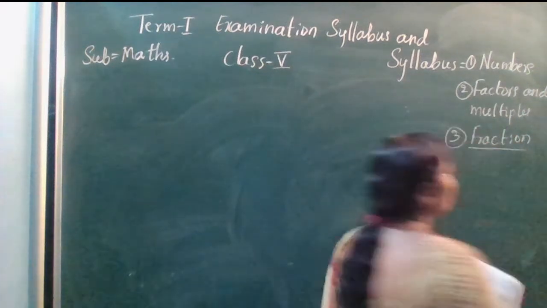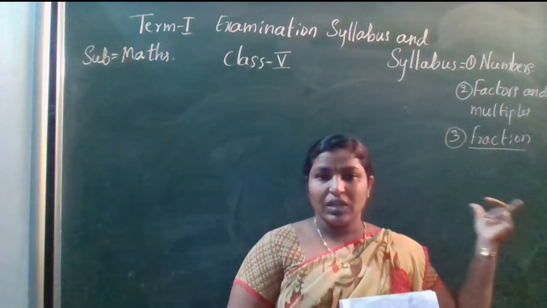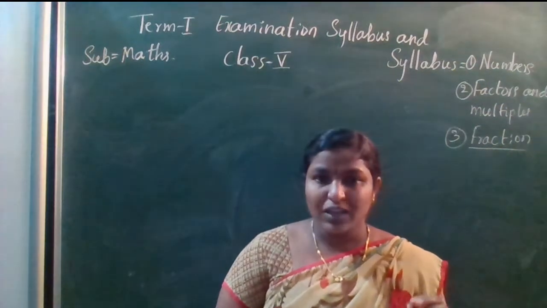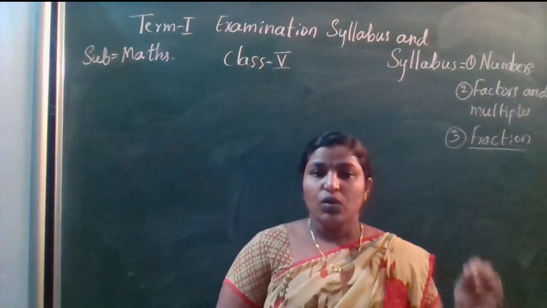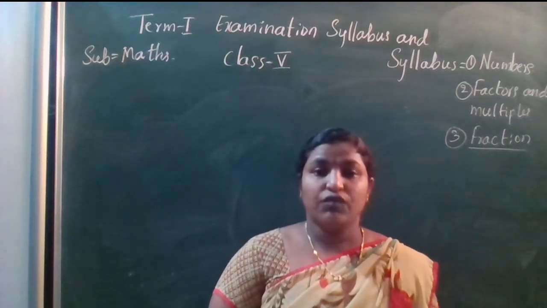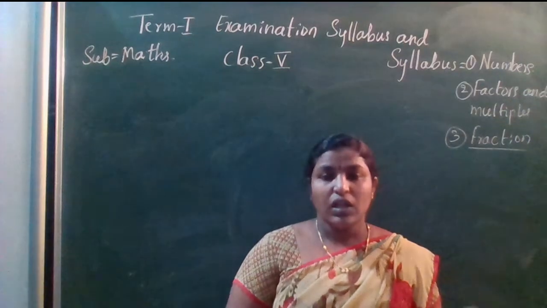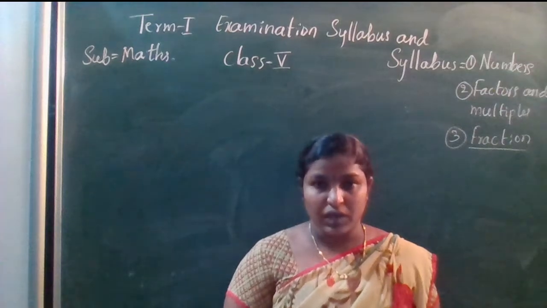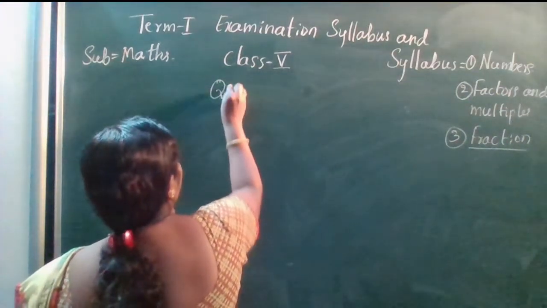From lesson number 3, fractions, I will not take more syllabus. Just a 5 marks question will be there regarding fraction. In the previous class, in 4th standard, whatever you have learnt about fraction, those basic concept questions will be there in the examination. Okay, now the question paper pattern.